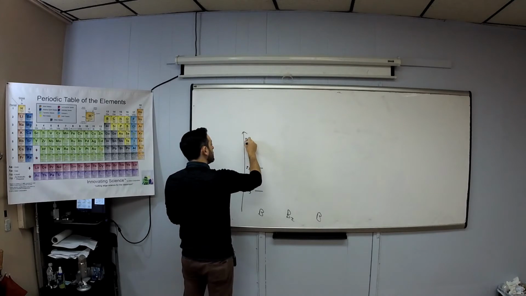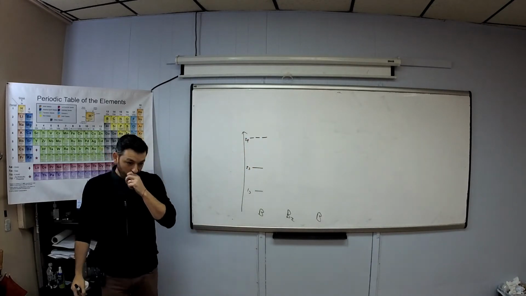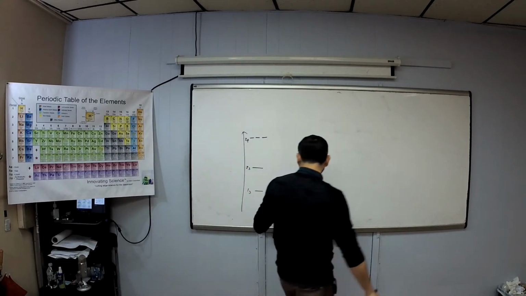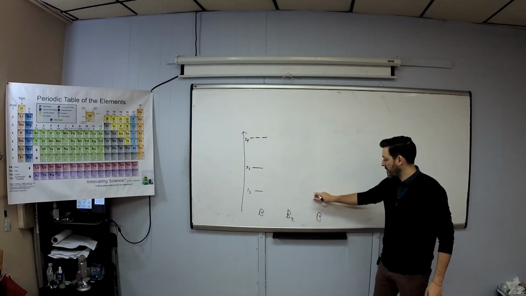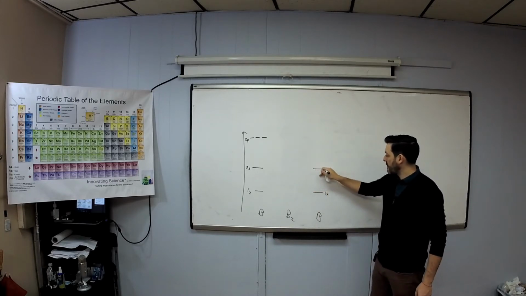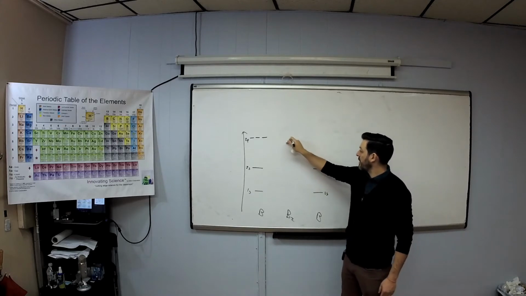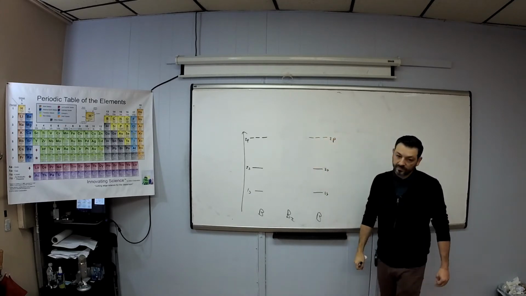But then it has three 2p orbitals. The other boron is the same, of course, as the first boron. So same energy level for the 1s, same energy level for the 2s, and same energy level for the 2p.